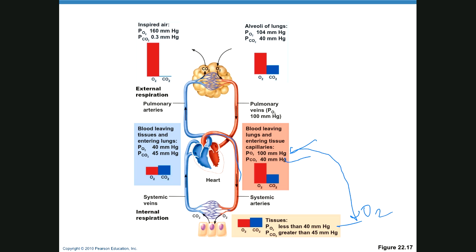The difference between CO2 in tissue versus blood is 45 versus 40. Again, not much different. So only a little bit of the CO2 is going to leave the tissue and go into the blood. Again, CO2 is a buffer. So everybody wants to keep some of it so that it can buffer pH.